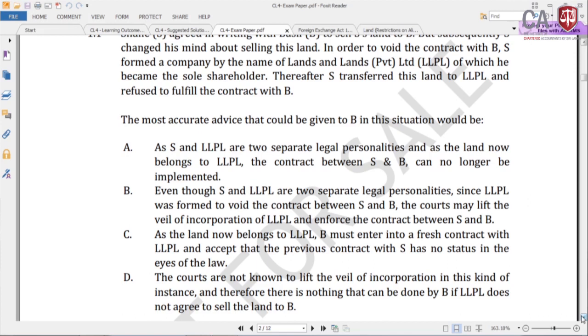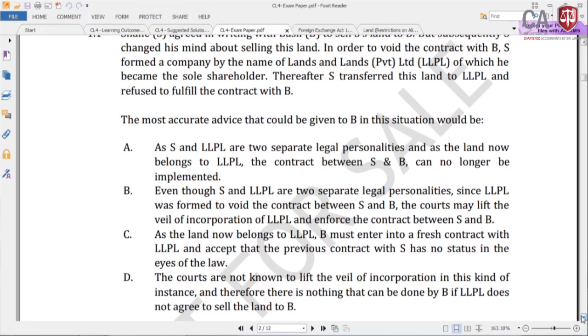Now, it is true that since the company has a separate legal personality, the land now belongs to the company. Now what we have to see is whether the contract between Shane and B can no longer be implemented because of that.